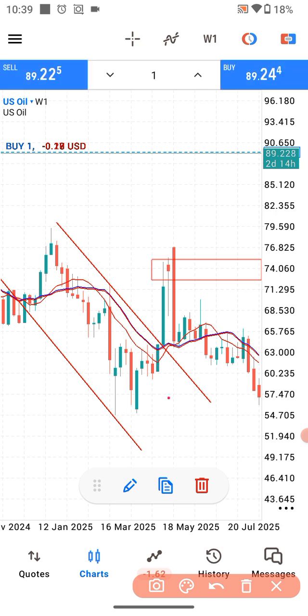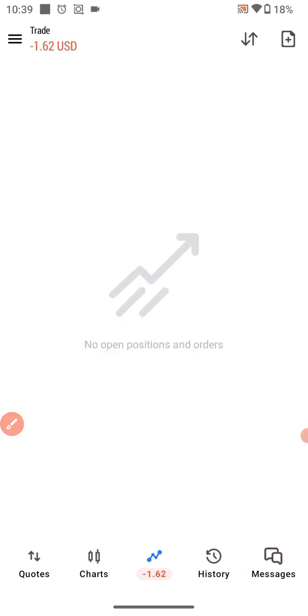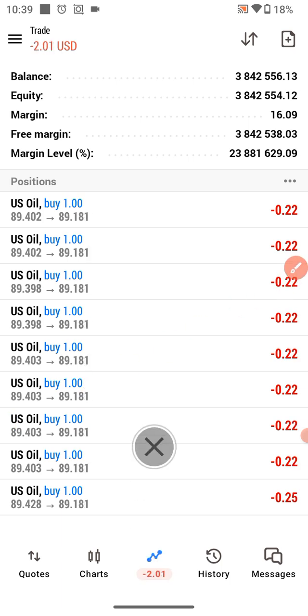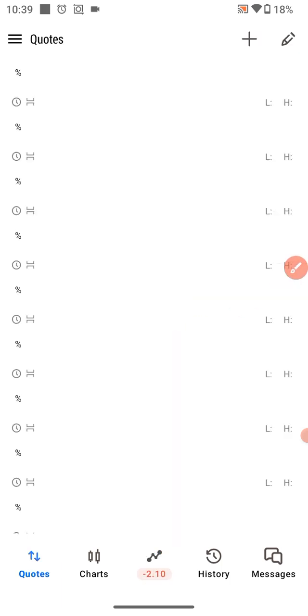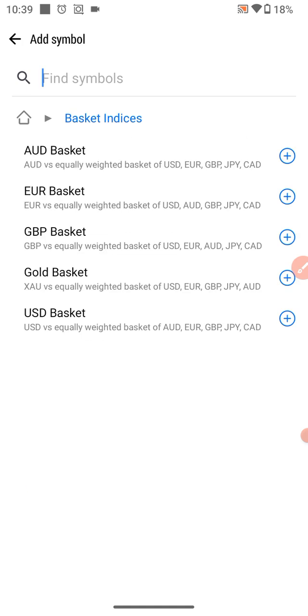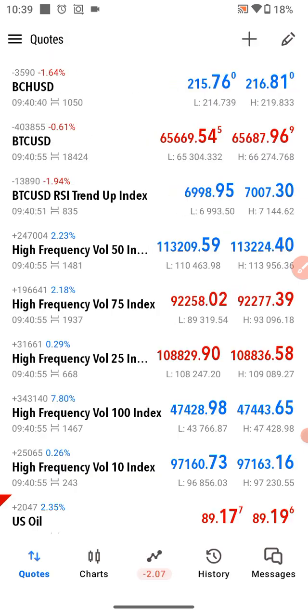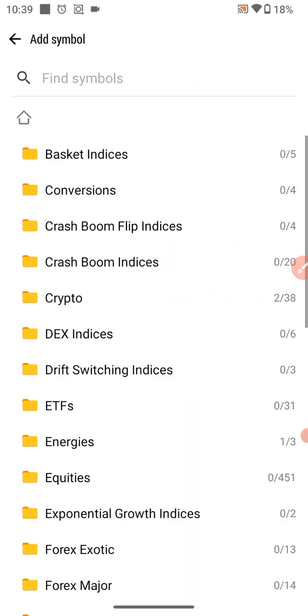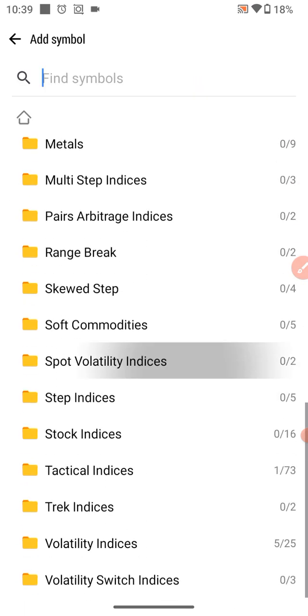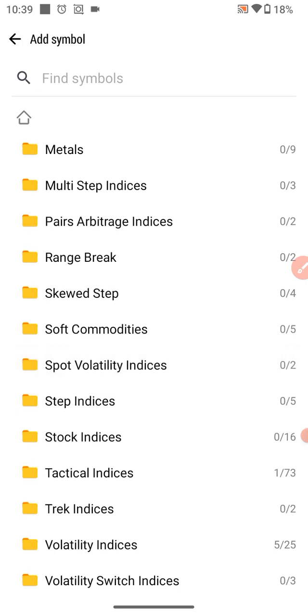So right now, because of that reason, I thought of investing in US oil, and this is what I see US oil doing now. However, if I go over to this big marketplace, I will see pairs that do things like that. AUD baskets, EUR gold. Well, commodities are the most liquid pairs.